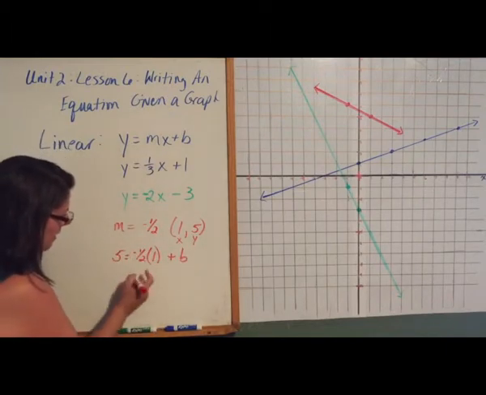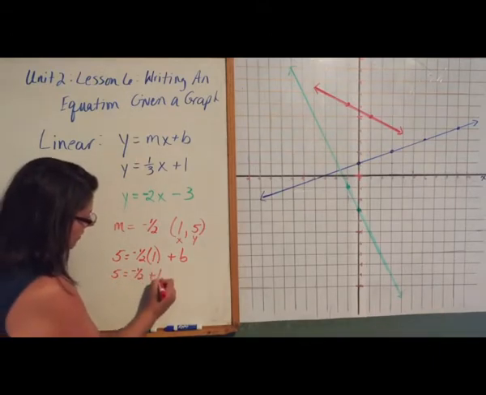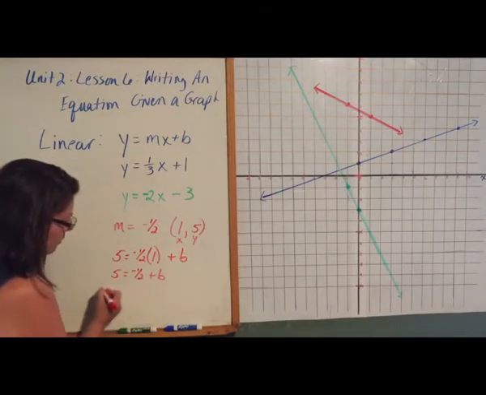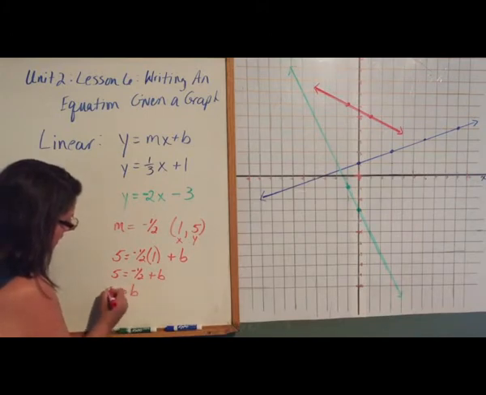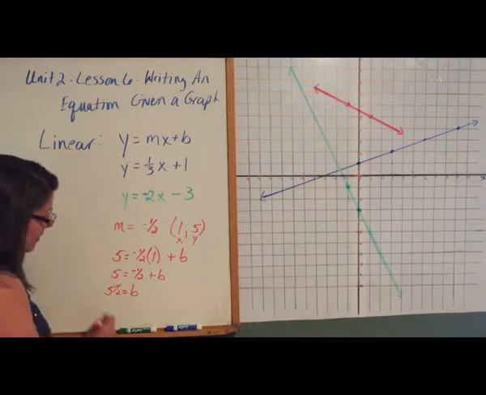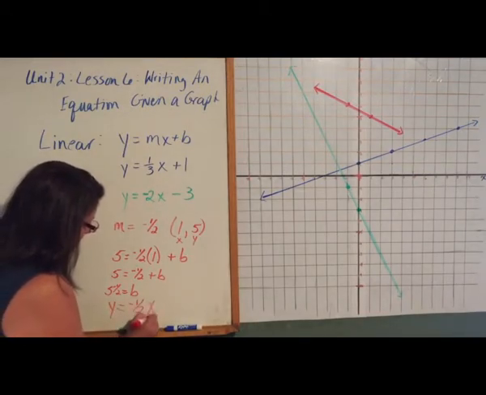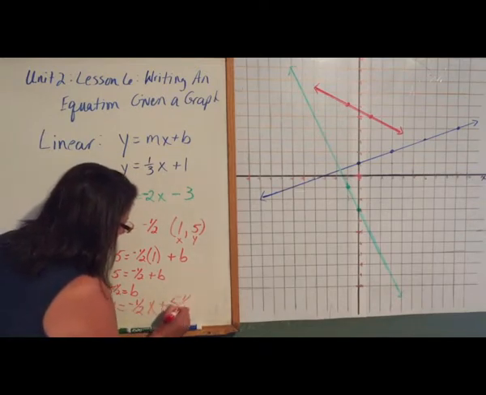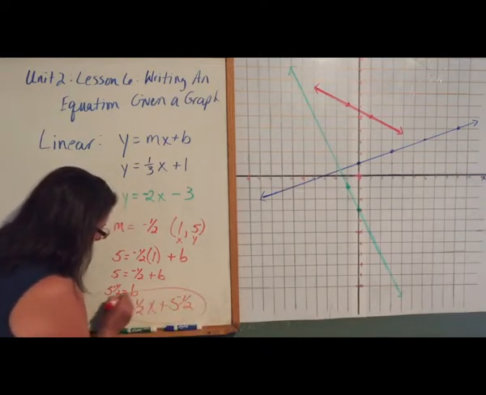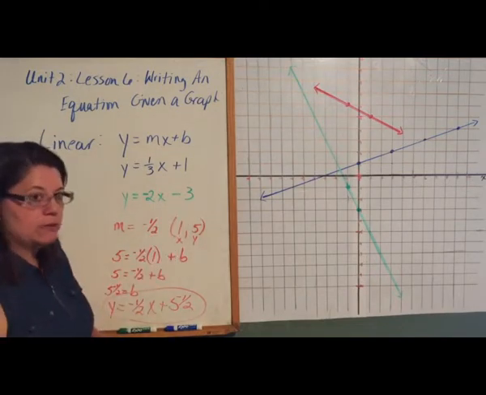If I do my math here, I've got negative 1/2 plus b, and if I add the 1/2 over, I've got 5 and 1/2 for b, or 11/2. So y equals negative 1/2 x plus 5 1/2, or 11/2, would be my slope-intercept form for that equation.